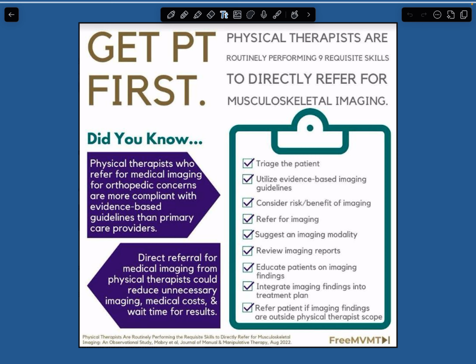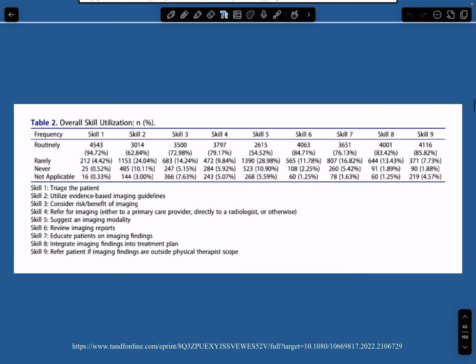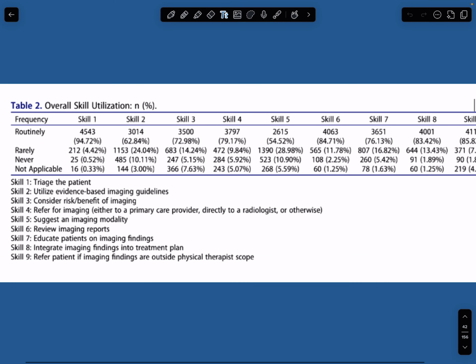If you look at the actual data, there are two areas where I say we probably have to pump the brakes a little bit. There are some areas that we could probably do better in. If we look at this here, for skill 2, only 62.84% said they're routinely doing skill 2. And only about half said they're doing skill 5 routinely.